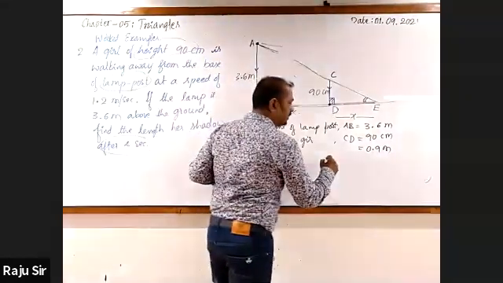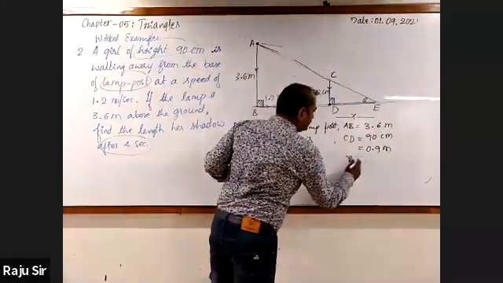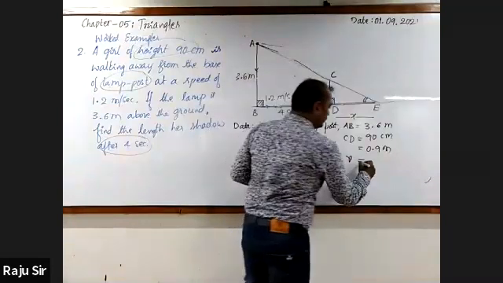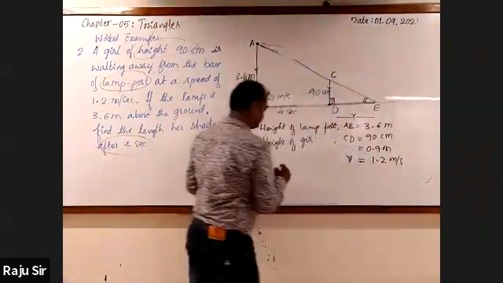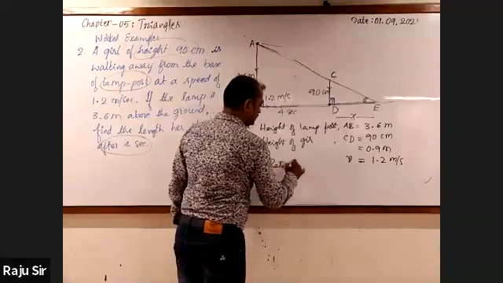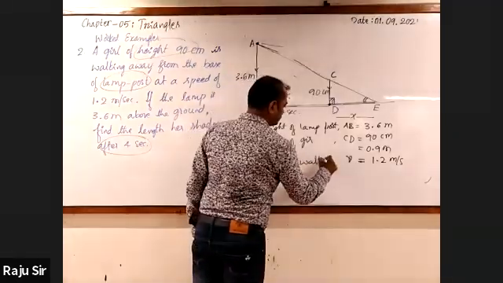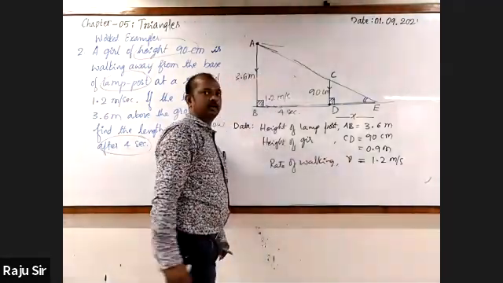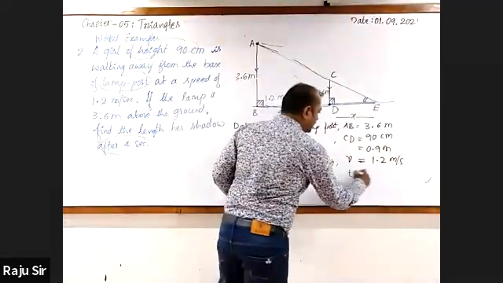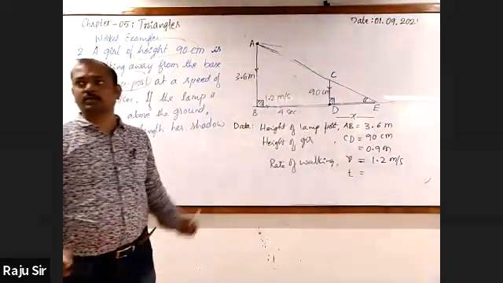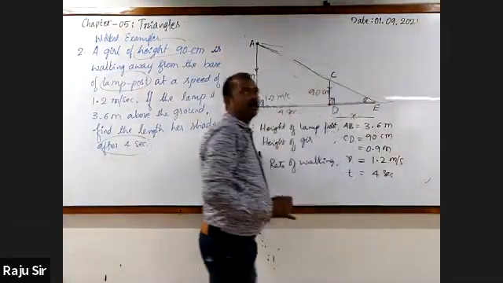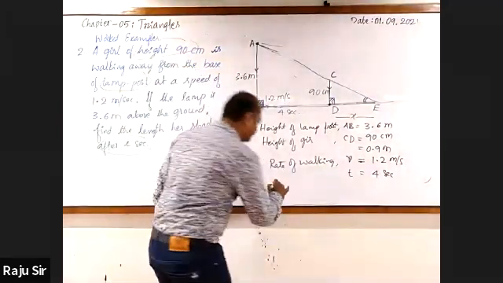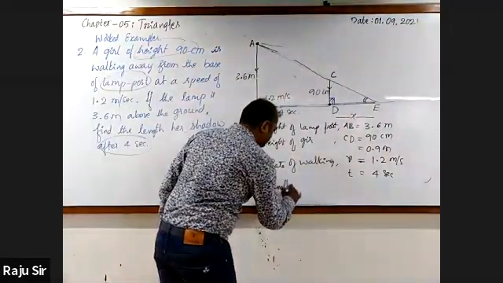Then speed of walking or rate of walking. I'll write it. V is equal to 1.2 meter per second. Rate of walking or speed of walking. Then time for which she walked, it is 4 seconds. And we are going to find out the length of the shadow.